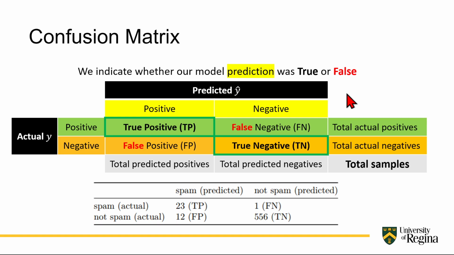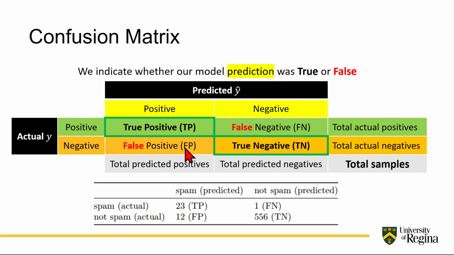Now we see whether our model prediction was actually true or false. We name the positive cases that were correctly predicted as true positives, and the negative cases that were correctly identified as negative as true negatives.